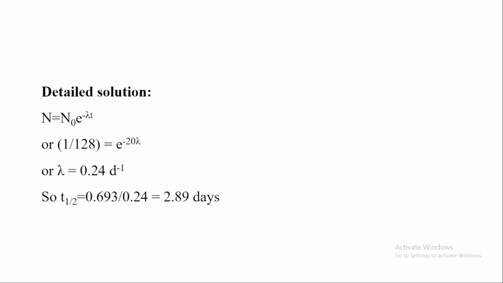Now once you have the lambda, we have to calculate the half life. Half life is nothing but 0.693 divided by the decay constant. So you have the decay constant lambda as 0.24. 0.693 divided by 0.24 is equal to 2.89 days. I hope there is no doubt in the calculation of this question.